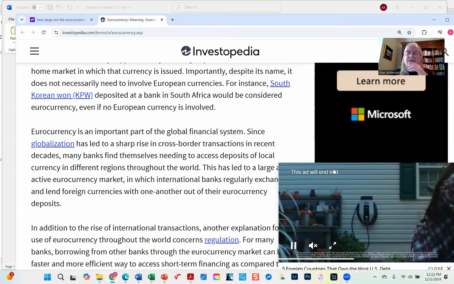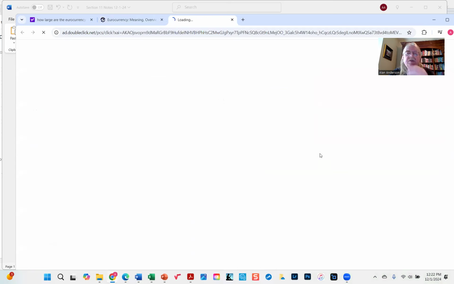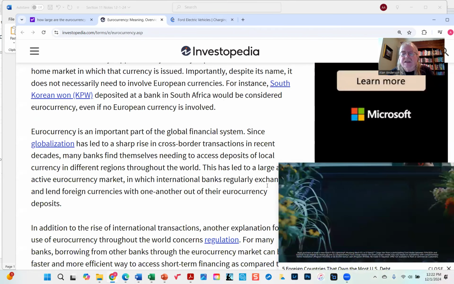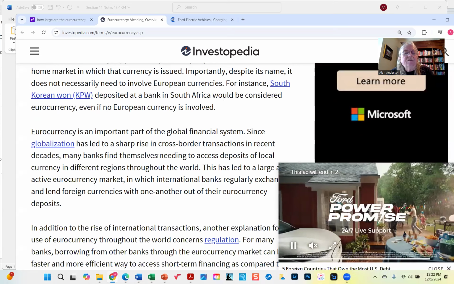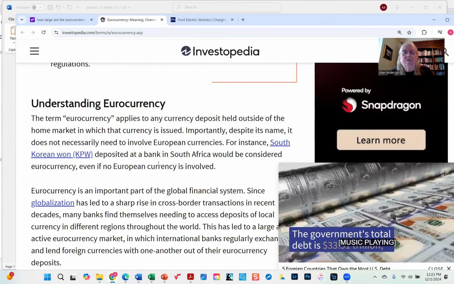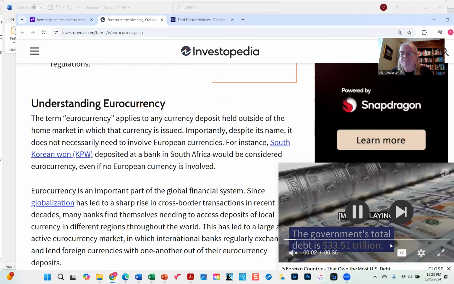And yes, they're making a point here that it has nothing to do with Europe. The example they gave here is a Korean company keeps their funds in South Africa. That would be euro won, I suppose.